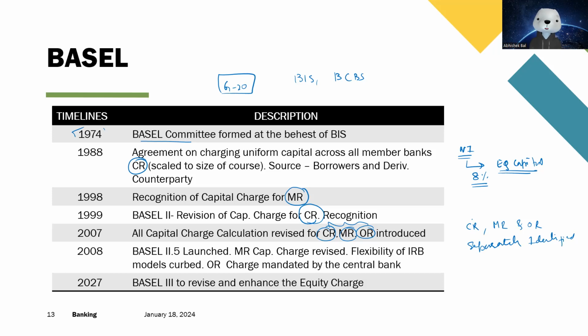We are right now in the midst of Basel 2.5. Basel 3 has in fact been launched in 2018. The full convergence is expected somewhere around 2027, by which time all of these risks will integrate, and obviously there is a new requirement of capital being talked about. Nonetheless, our understanding of why reserve capital is required is perhaps well placed now.